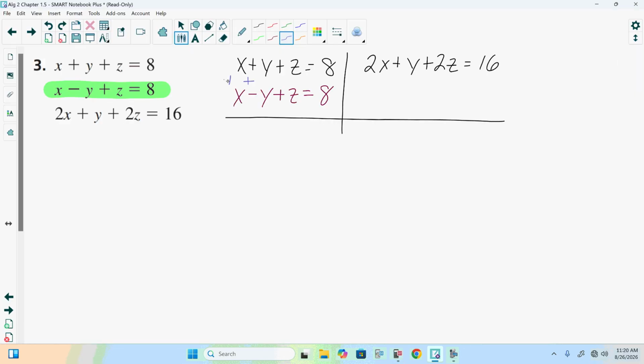Since the signs are opposite, we're going to add. x plus x is 2x. y plus negative y, 1 plus negative 1, would indeed be 0. z plus z, 1 plus 1 would give us 2z. And lastly, 8 plus 8 is 16.